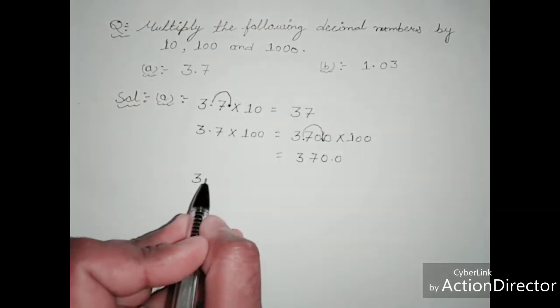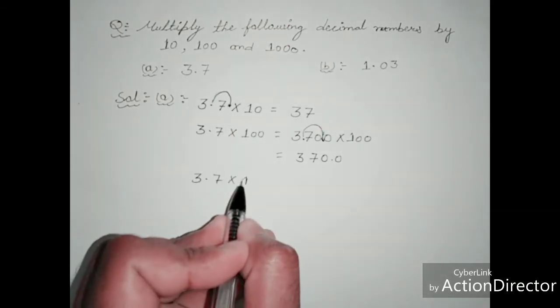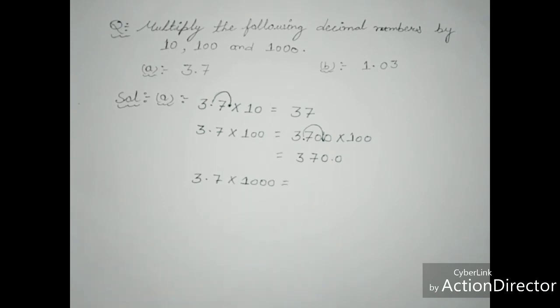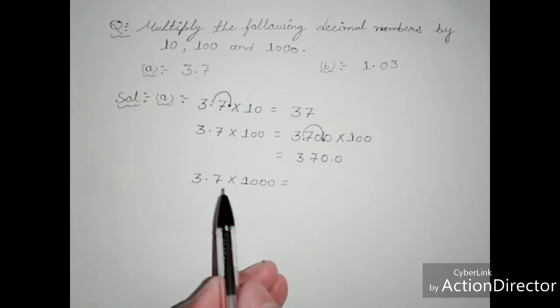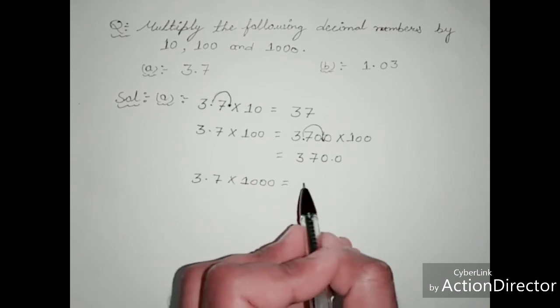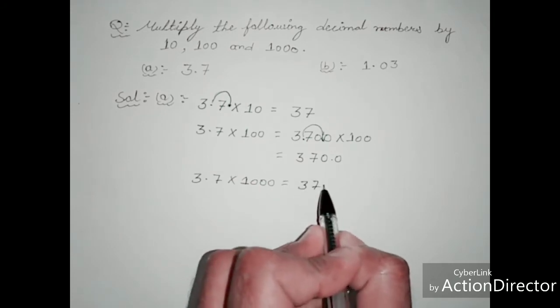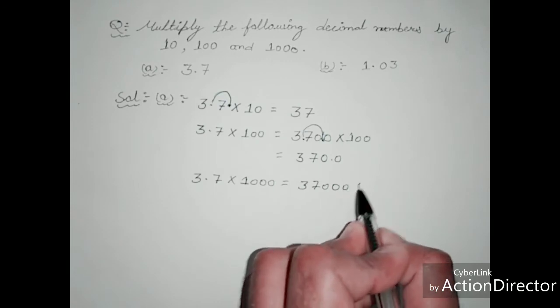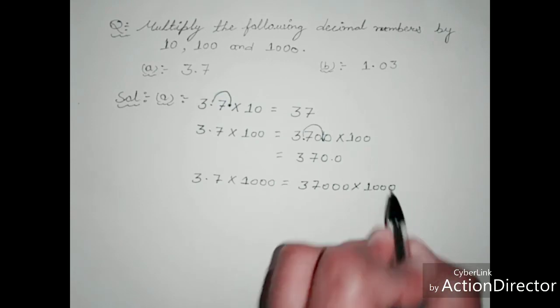Multiply 3.7 by 1000. When we multiply any decimal number by 1000, the decimal shifts three places to the right-hand side. So here we add 2 zeros or 3 zeros here, 3700, multiplied by 1000.